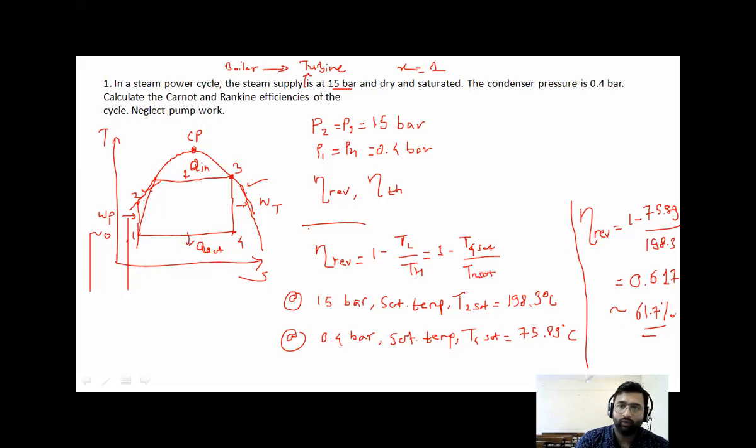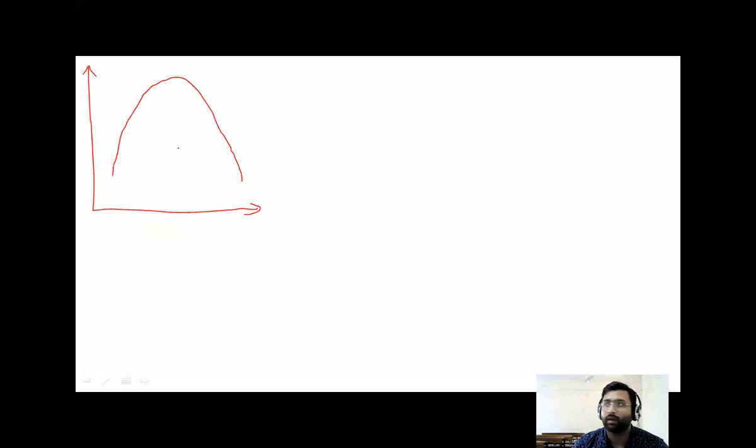Now how to calculate Rankine cycle efficiency? Again I will draw the TS diagram here for your understanding. This is again called the saturation curve. In this case, directly they have given the condition at point 3, that is dry saturated.